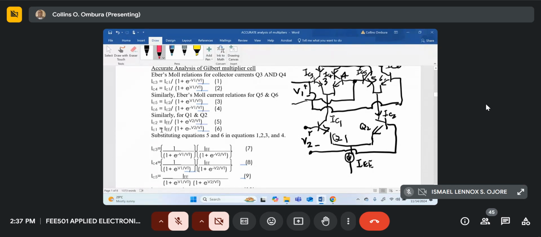So IC1 is actually equation 6 over here: IEE divided by 1 plus e to the minus V2 by VT, because now the input voltage is V2. And the IC2 over here is the same as IEE divided by 1 plus e to the positive V2 by VT.